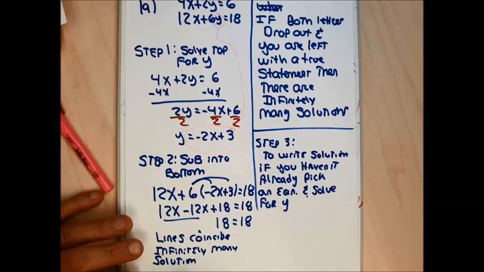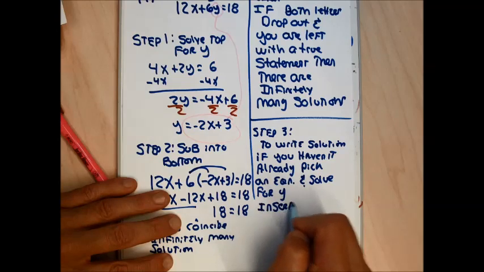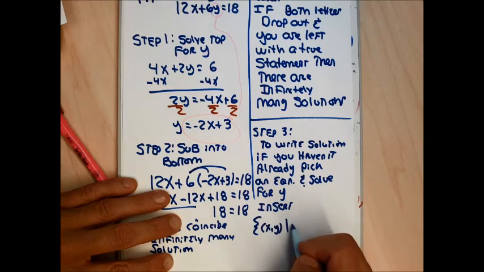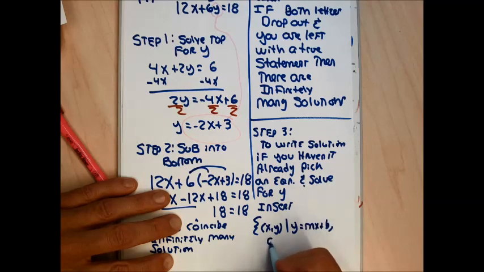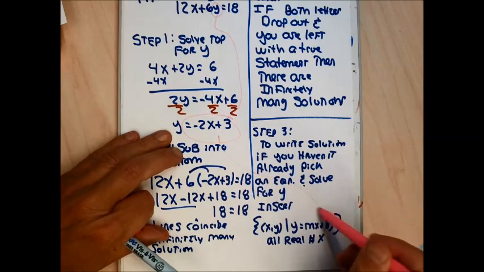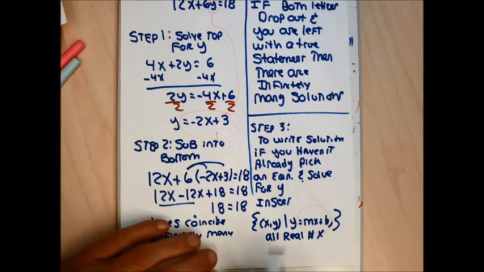So I pick an equation and solve for y, and insert in this template: the set of x, y such that y equals mx plus b for all real numbers x. So what I'm going to do is just insert this into there, and we'll just say that's the proper way to write it and be done with that.